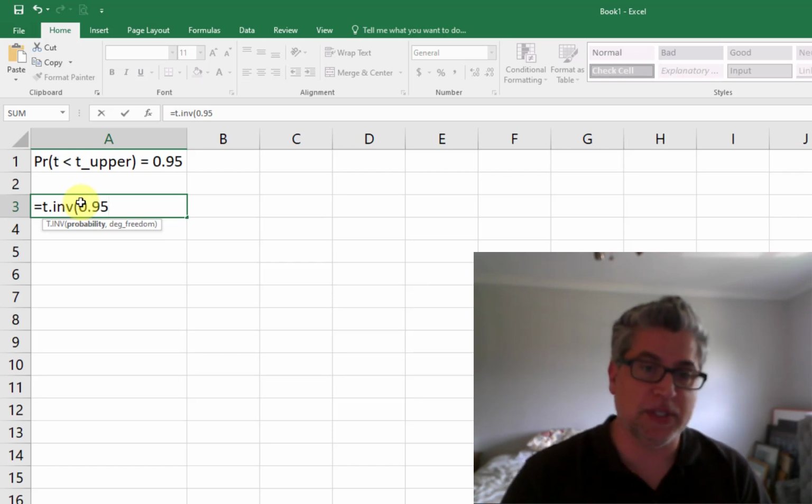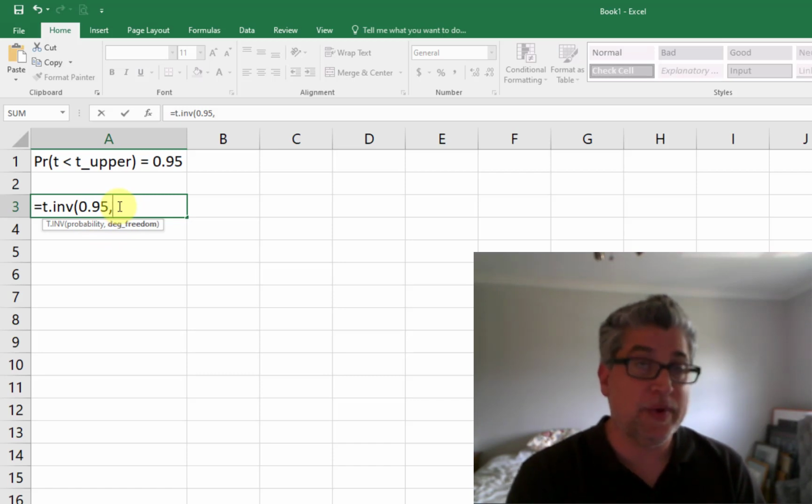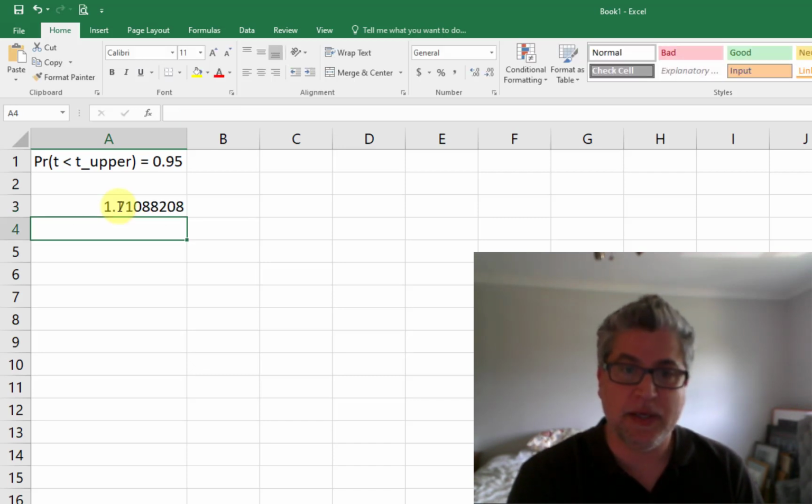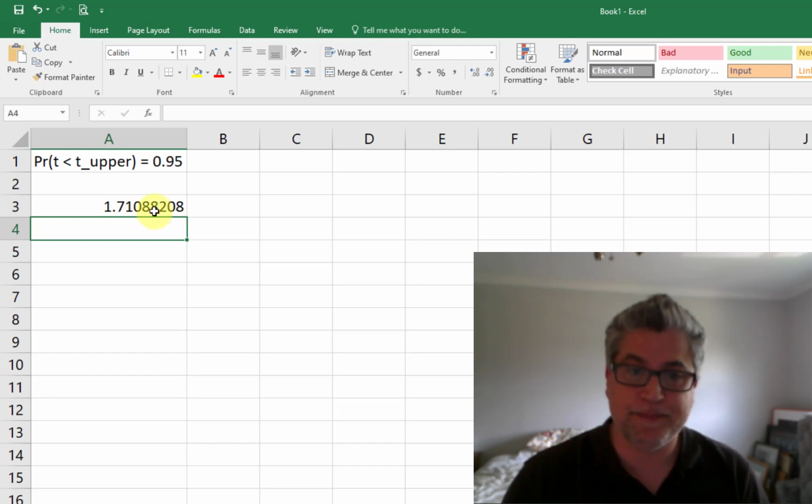And then it also prompts us for one more thing. It asks what's the degrees of freedom. Well, we had a sample size of 25 players, and the degrees of freedom is going to be 1 less than that. So it's 25 minus 1, or you could just type in 24. Close your parentheses, and we have our answer. It's 1.711.